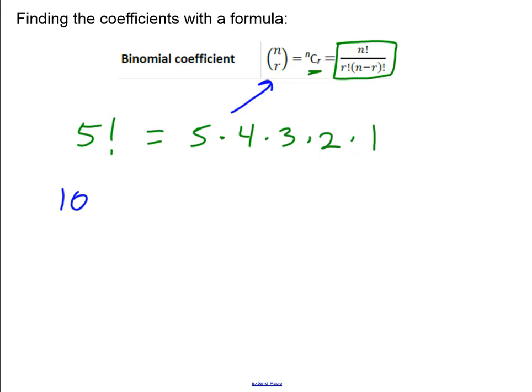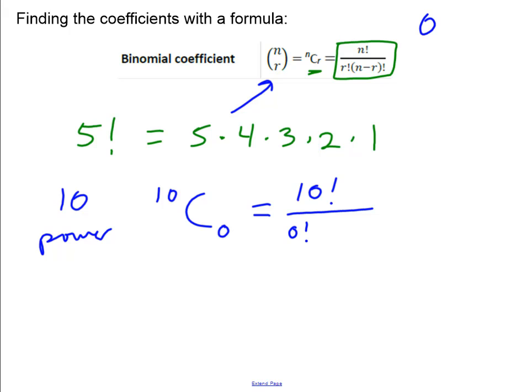Well, if I'm looking at something to a power of 10, then the first coefficient, the 1, is in position 0, and that would be 10C0, and that would equal 10, that's our n, factorial, divided by, our r in this case is 0. 0 factorial is defined to equal 1, times n minus r, 10 minus r, 10 factorial.